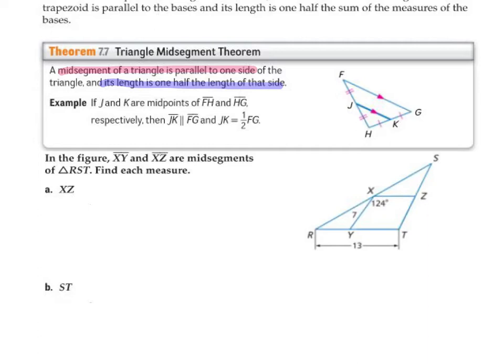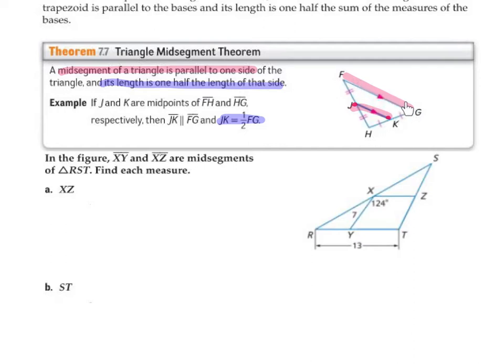So if we're looking at J and K, okay, these are going to be our midpoints. We know that the mid-segment has to be parallel to the side that it correlates with, all right? And it's going to be 1/2 the length of that side, right? So here, JK would be half of whatever length FG is.